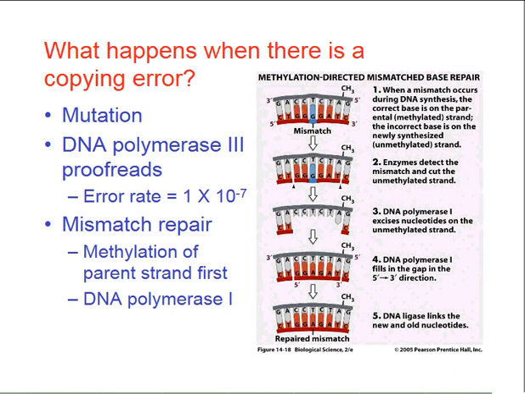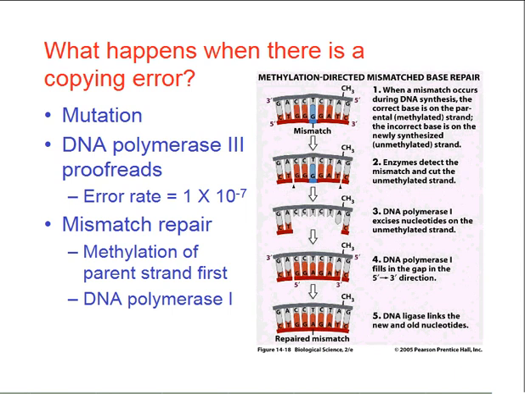Once it goes through and proofreads its own copying, its error rate is about 1 × 10⁻⁷, which is about 1 in a billion errors. Okay, so that's not very many errors. That's actually pretty good. But imagine if one of those errors that just happens to slip through occurs inside of a gene that's key for you being able to function properly.